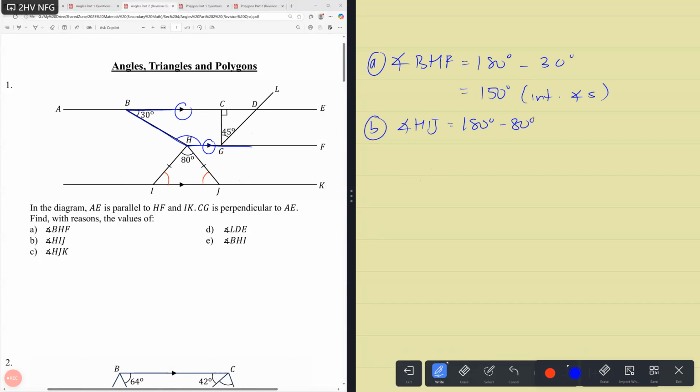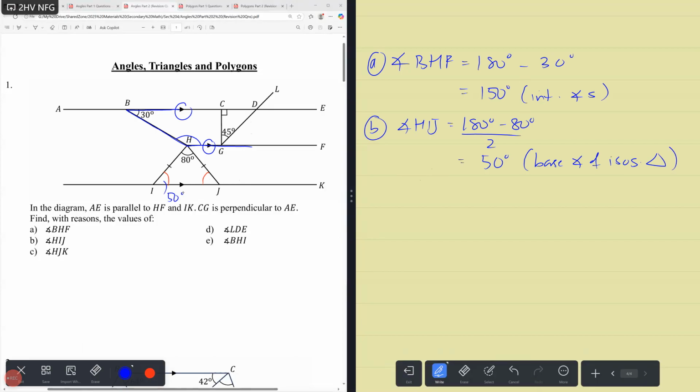You get the sum of the base angles, correct? And therefore, you proceed to divide by 2. So 180 minus 80 equals 100, divided by 2 equals 50 degrees. The reason is base angle of isosceles triangle. So the angle there is 50 degrees. I'm going to write this down. This is 50 degrees and this is 150 degrees.